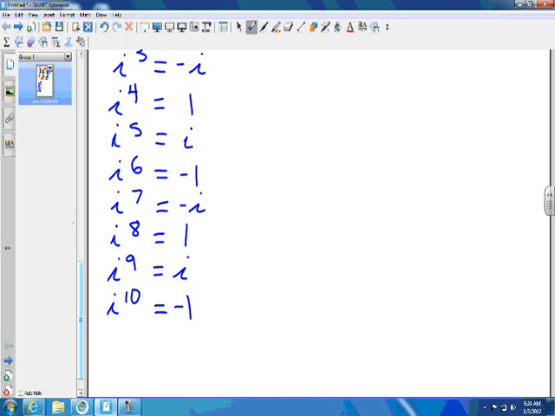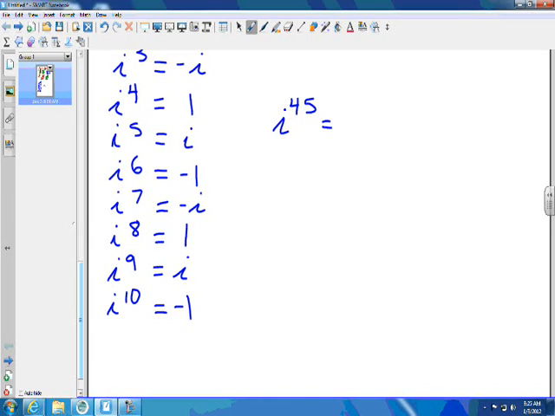So this next example, they want you to tell them what i to some big number is going to be, and they have i to the 45th power. Which one of those four is it? Is it i, -1, negative i, or positive 1? Here's how you figure it out.